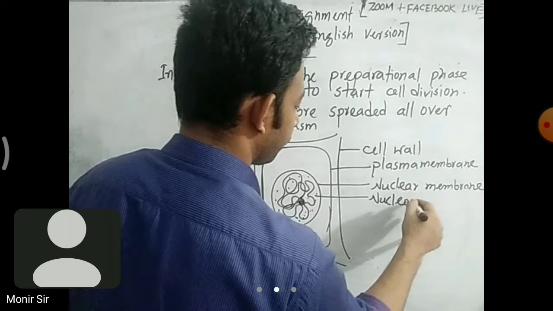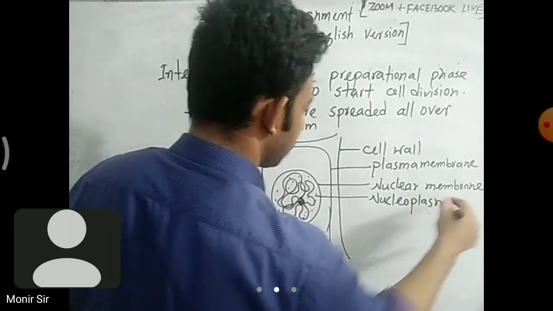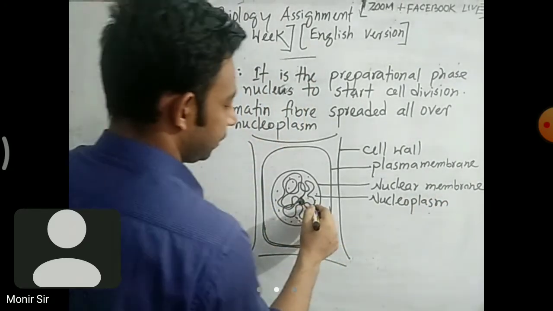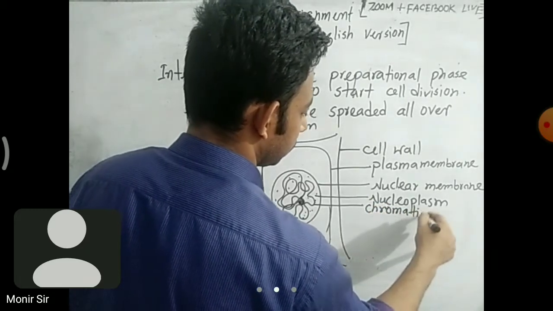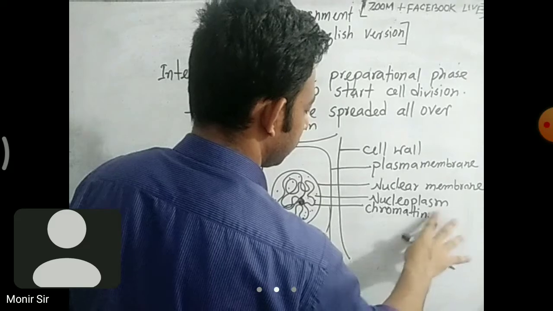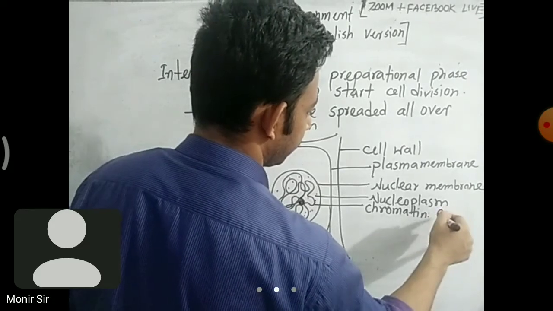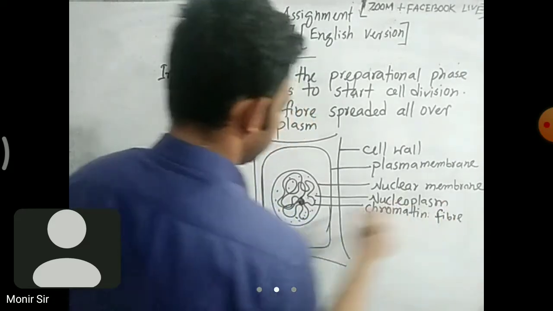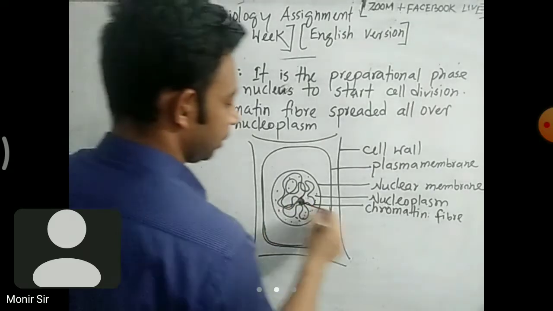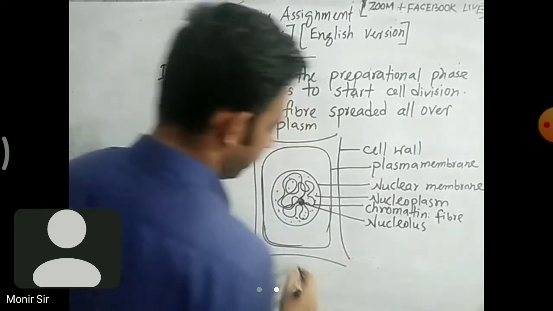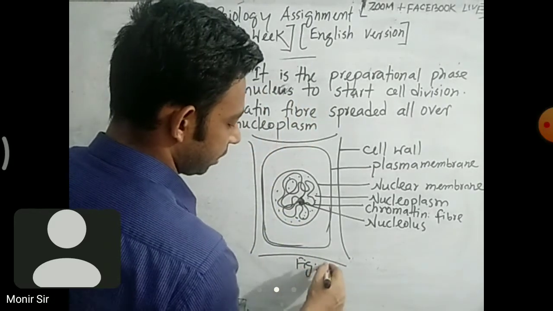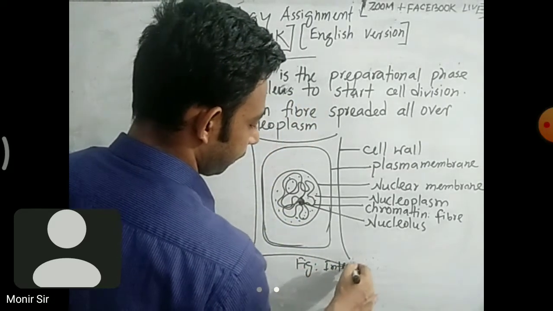Nucleoplasm, then chromatin fiber, then nucleolus. I have written for one case, but you will write this figure interphase.